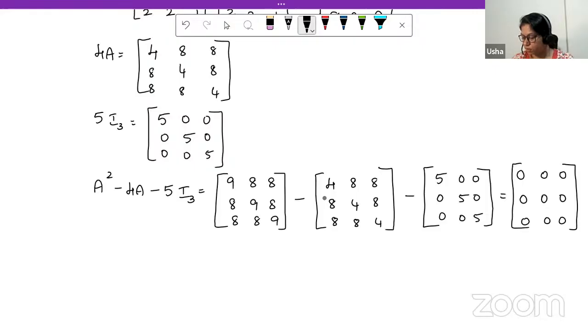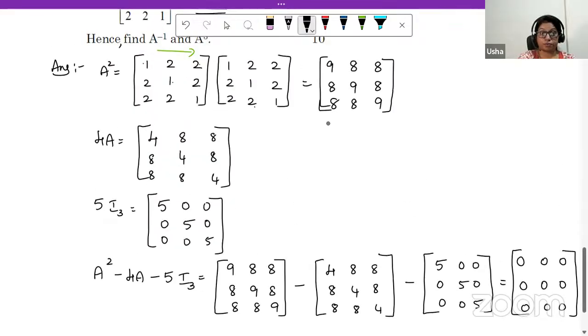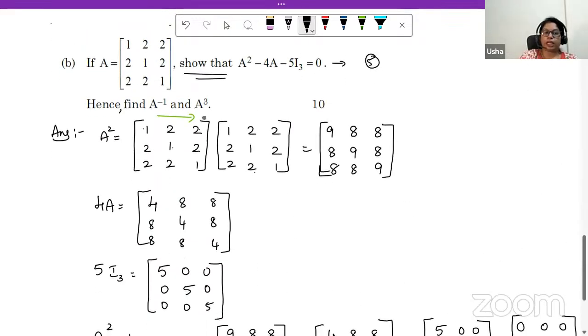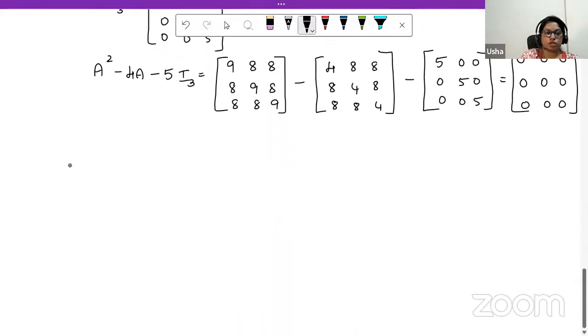Okay, so this is the matrix method. Right. So next we are supposed to find A inverse. To find A cube, you just multiply this A square by A again, and that is going to be A cube. Now we will have to find A inverse. To find A inverse, take this equation and multiply with what needs to be multiplied to get A inverse.